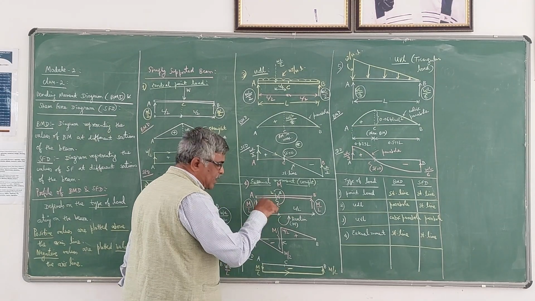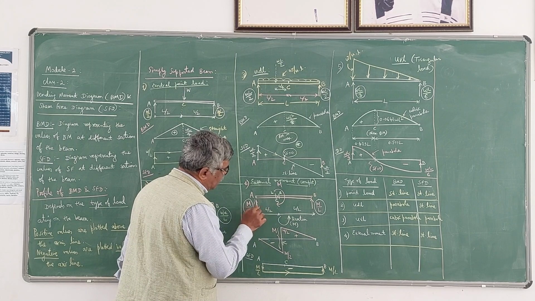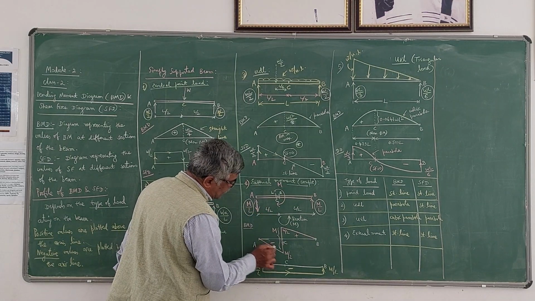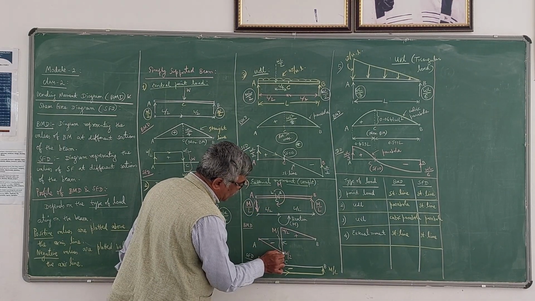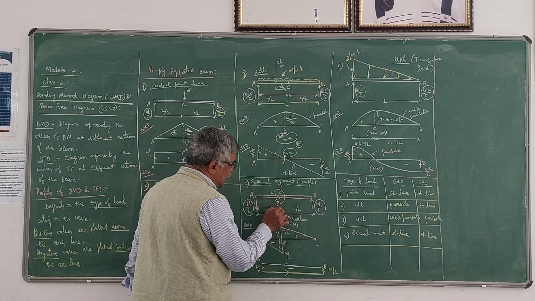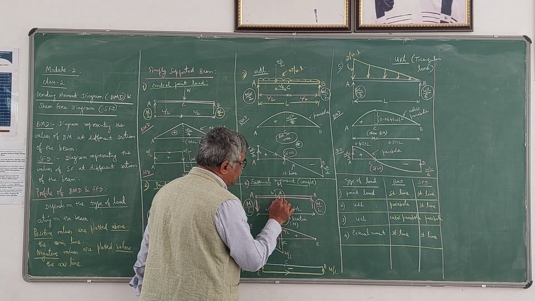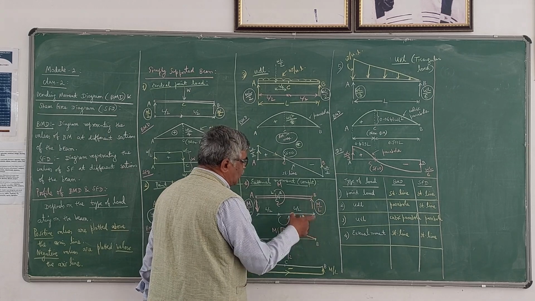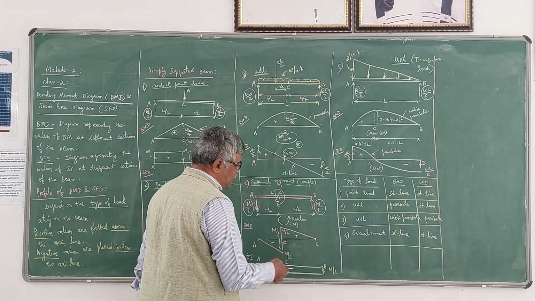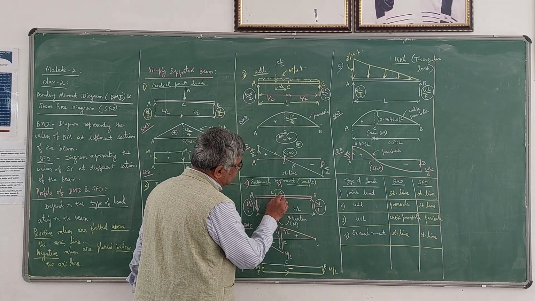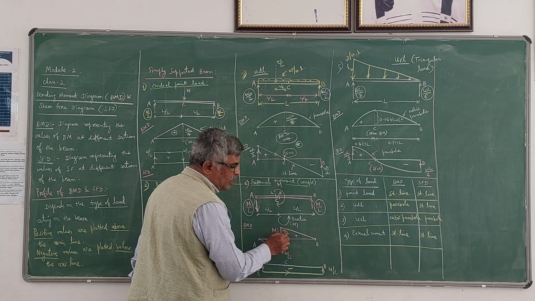Left side downwards I am taking. So M by L into L by 2 becomes M by 2, negative. Then if you take the right side, M by L into L by 2 upwards is positive. So right side of C, you have a positive bending moment of M by 2.